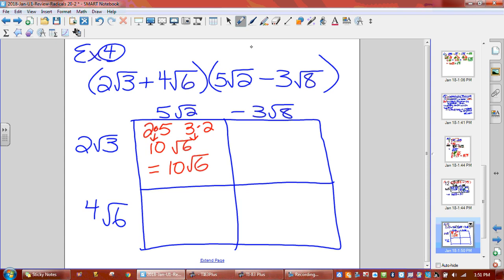What do we know about root 24? It can be reduced by root 4. Root 4 times root 6. As negative 6 comes down, we're going to solve root 4 to a 2. What do I do with that 2 now? What am I going to do with that cute little 2?